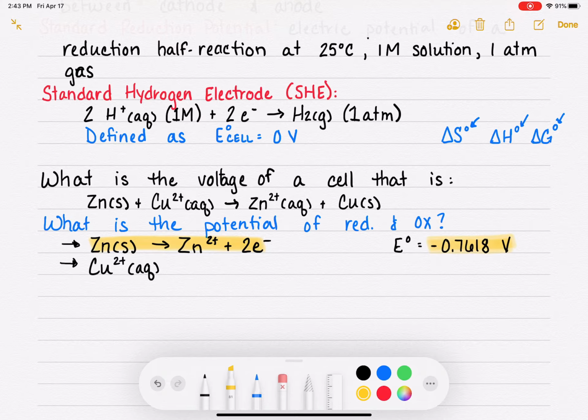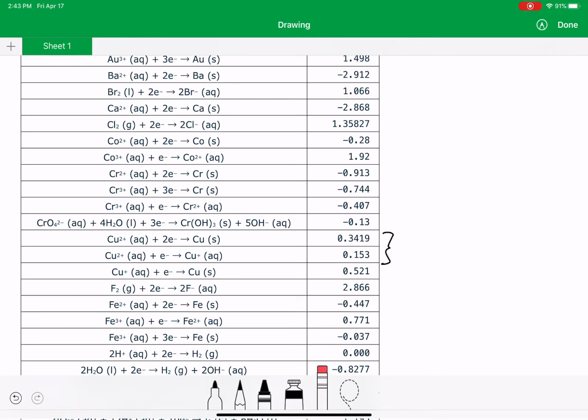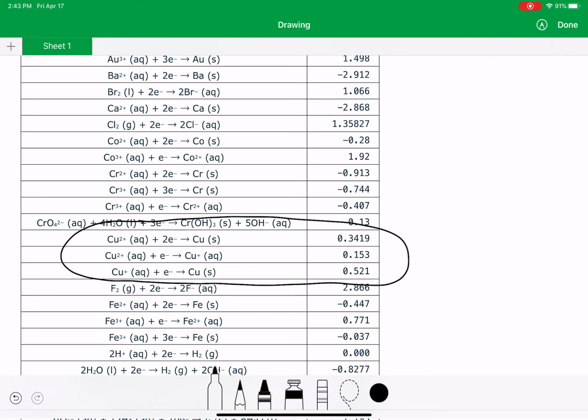So we have found the first one. Let's go looking for the second one. So our second reaction is the copper 2+, and let's go find its voltage. Copper 2+ is going to be up here with the C's. And here I have found the copper. There's actually 3 copper reactions, so we need to be a little bit careful and make sure that we're picking the right one.